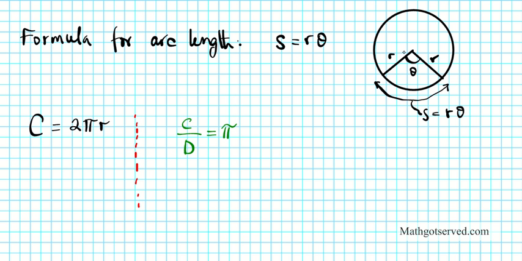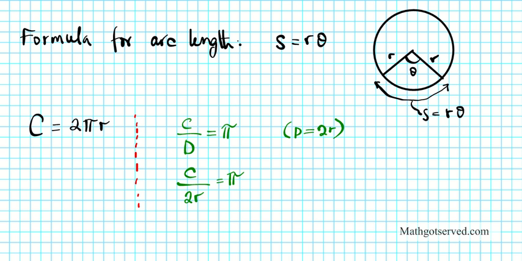Okay, so if you pick up a CD, for example, you measure the distance around it and divide it by the diameter, you're going to end up with 3.14 or something of that nature. So this is a relationship between the circumference, the diameter, and pi. But we also know that the diameter is equal to twice the radius, right? So if I substitute that fact here, the circumference divided by twice the radius is equal to pi.